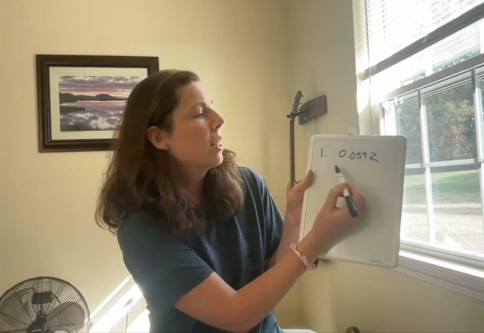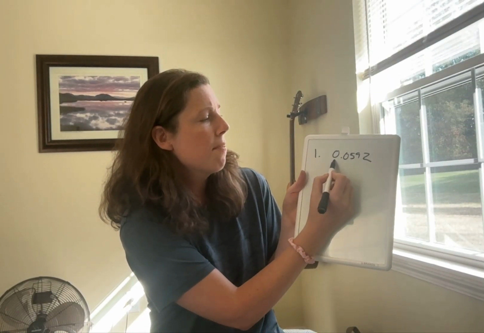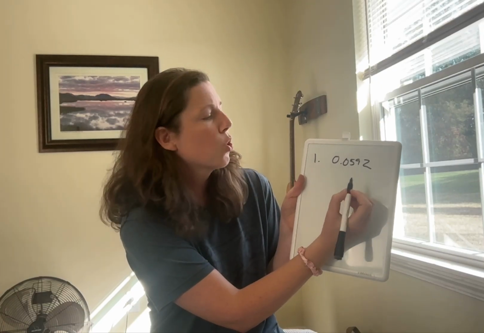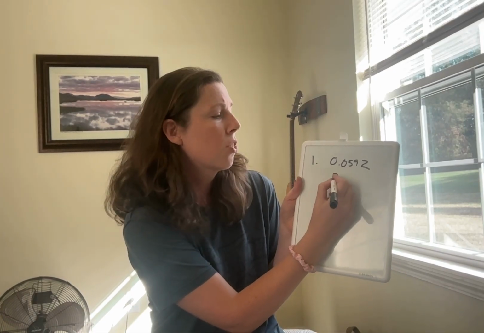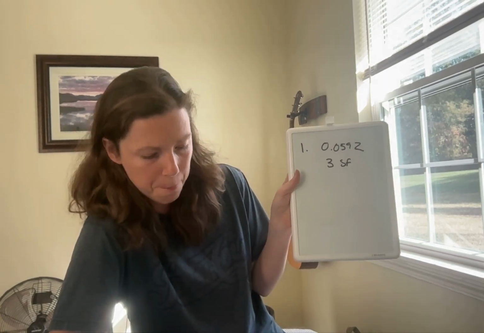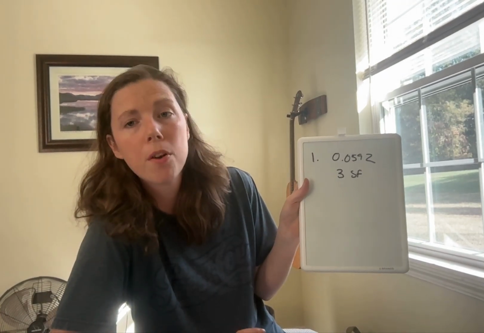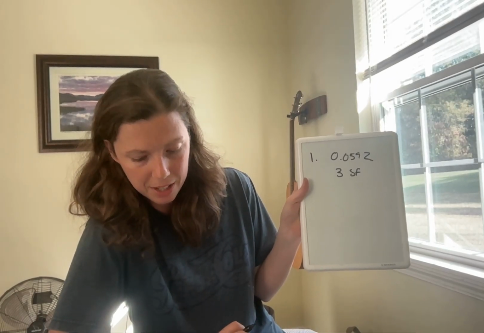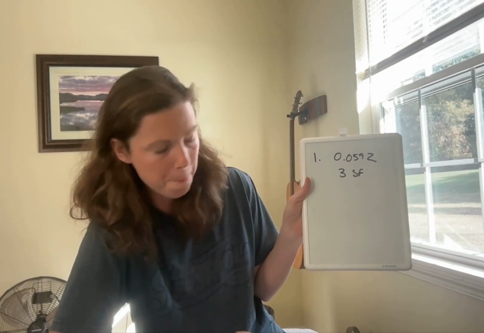And so if we looked at this number, not significant, not significant, significant, significant, significant. And so we would say this number has 3 significant figures, which we're just going to abbreviate SF. So that's rule number 1 for zeros. Zeros at the beginning of a value are never significant. They're just holding a place.